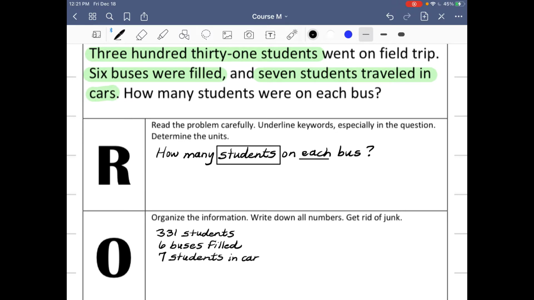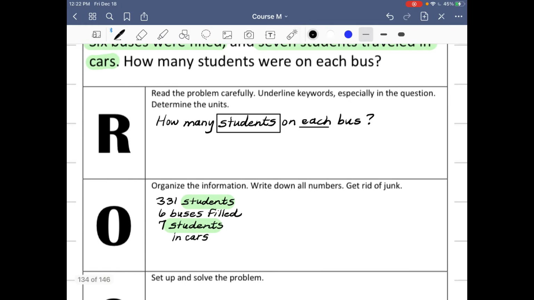Now before you jump the gun and throw out the buses, what were the buses filled with? Students. So all of these pieces are important. Students, buses filled with students, and students in cars. We don't have any junk in this problem.